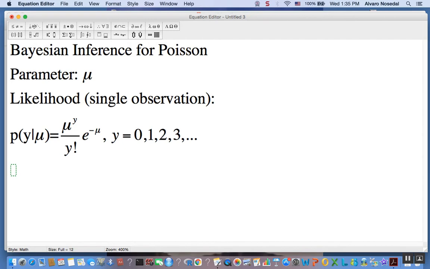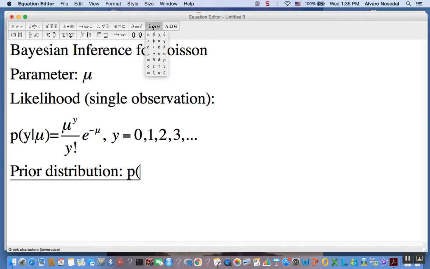Now, let's talk about the other important ingredient in Bayesian inference, the prior distribution. In general, we refer to that as P, in this case P of mu.